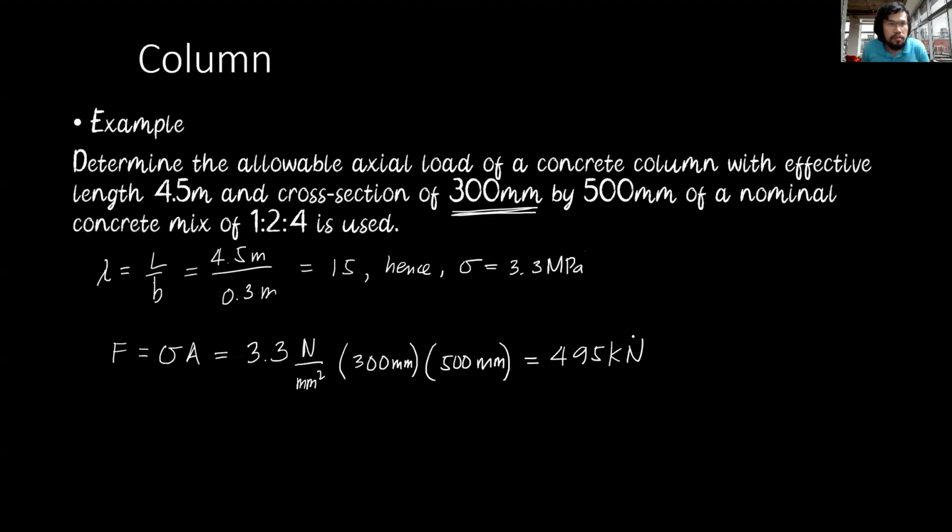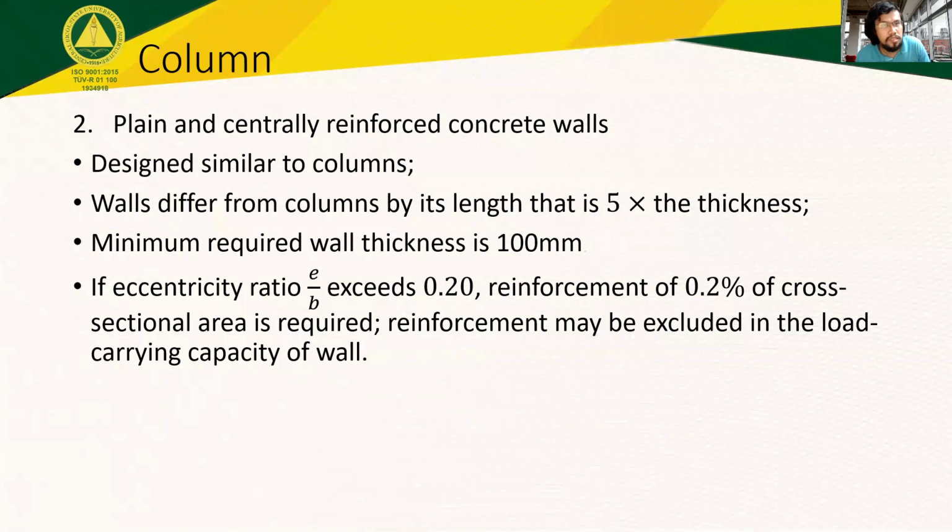Next we have plain and centrally reinforced concrete walls. Again, these walls are treated very much like columns that are very long. The only difference considered here from a concrete column is that the length of the wall is 5 times the thickness. So very long indeed. The minimum required wall thickness is 100 millimeters.